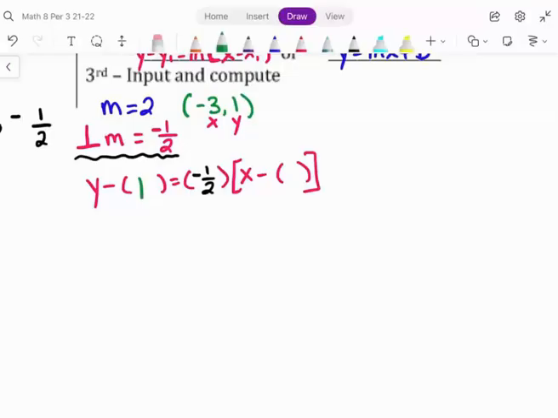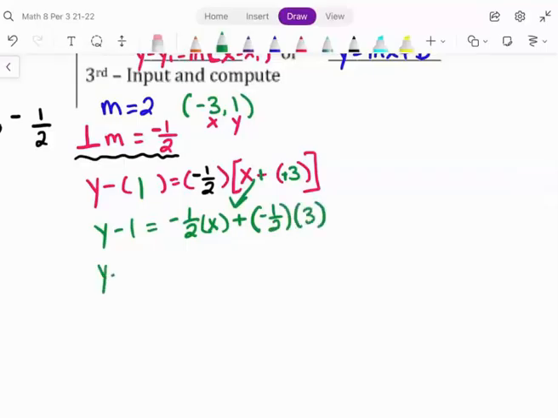So 1 and negative 3. So y minus 1 equals negative 1/2 x. Bring down the sign. And then negative 1/2 times 3. So y minus 1 equals negative 1/2 x minus 3/2.